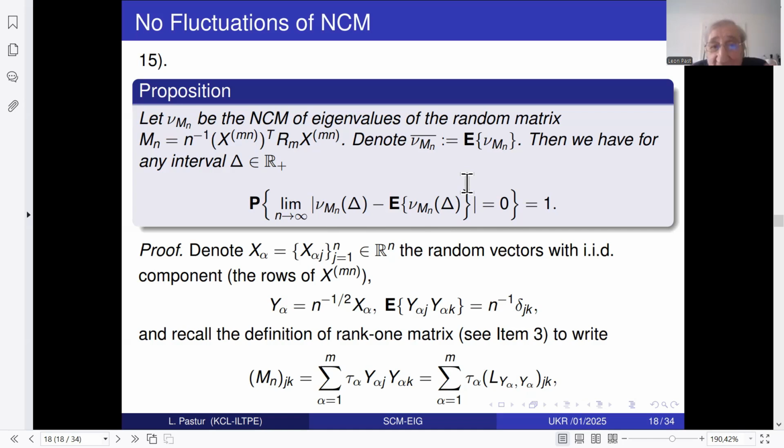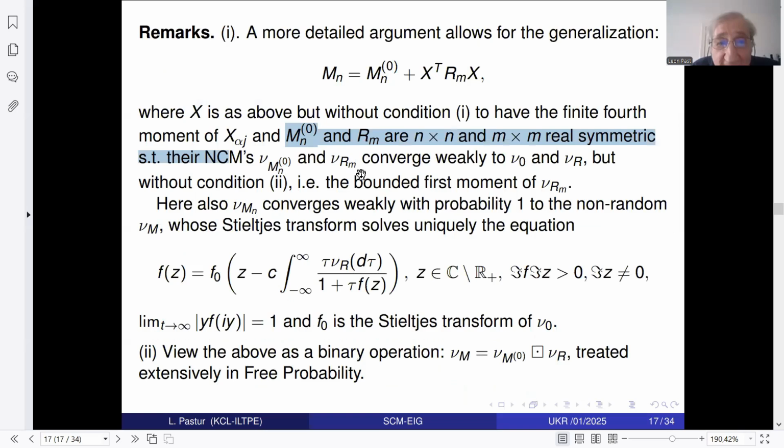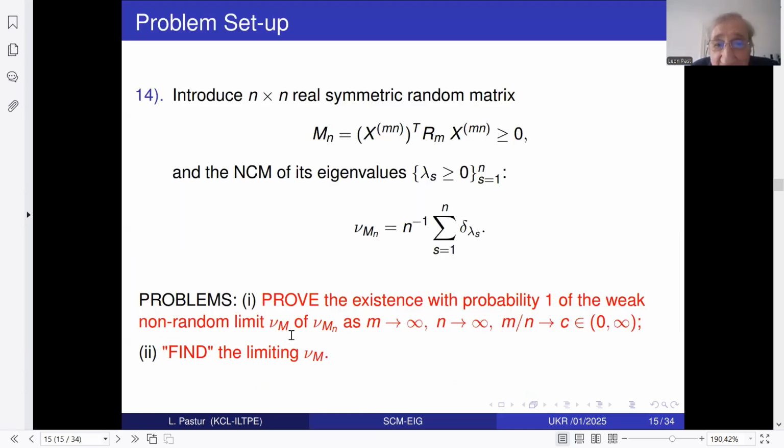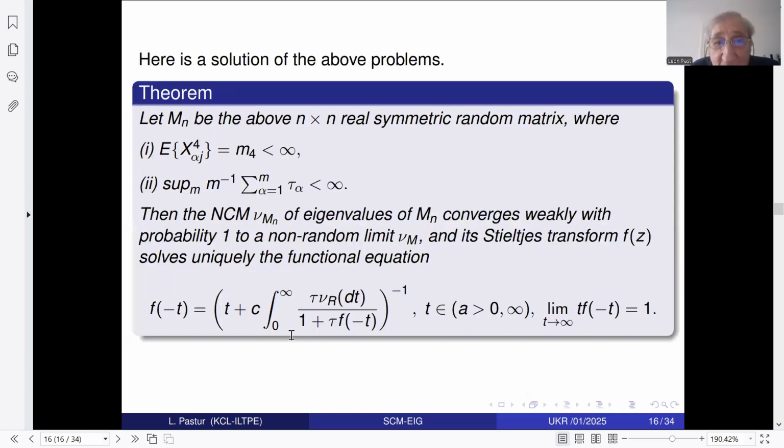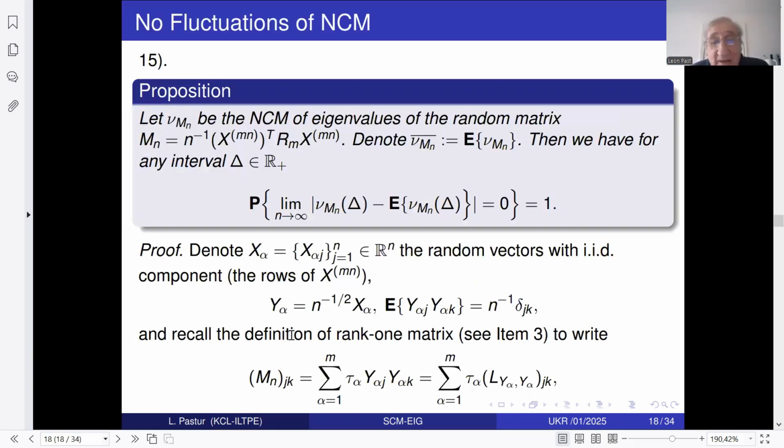We do not know whether the limit of the expectation exists, we just know that the difference of two measures tends to 0. If we are able, upon proving this assertion, to find the limit of the expectation, we are done. The two problems that I formulated on the previous slide will be solved. It is an important part on the way to solving the problem.